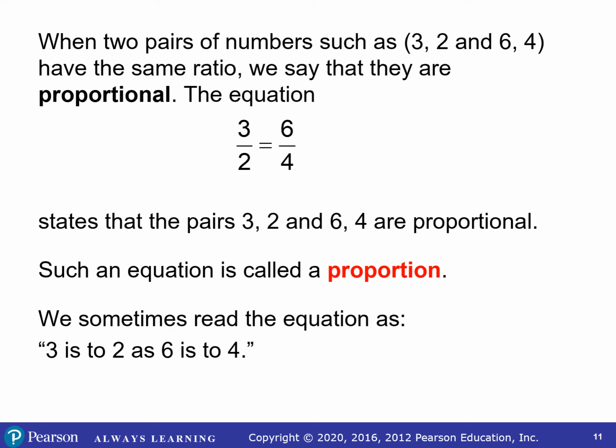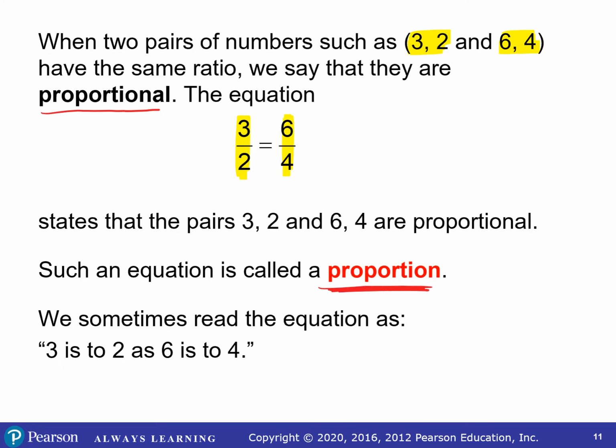So the ratio of the numbers 3 and 2 and the ratio of the numbers 6 and 4 could both be given as a fraction, 3 over 2, 6 over 4. But since those two fractions are equal to each other, we say that these two ratios are proportional. And anytime you have basically a fraction equaling a fraction, we call that statement or that equation a proportion.